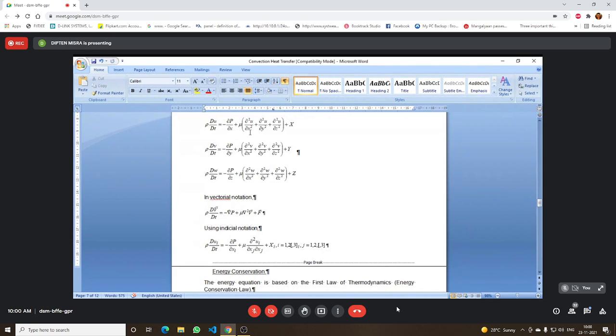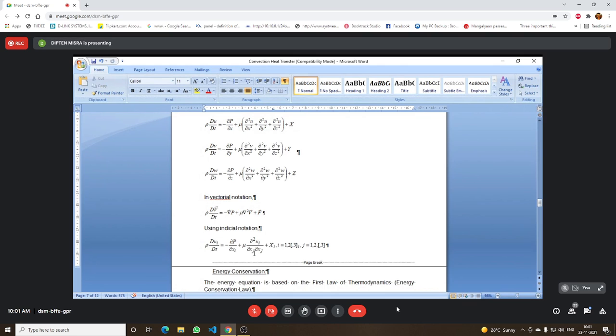j will be 1. When j is equal to 1, then this is basically x. When j is equal to 2, it is y. j is equal to 3, it is z. Both i is equal to 1 or j is equal to 1 means x-axis or x direction. i is equal to 2 or j is equal to 2 means it is along y direction. i is equal to 3 or j is equal to 3 means it is along z direction.